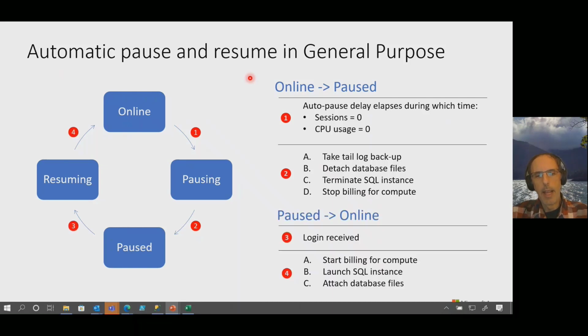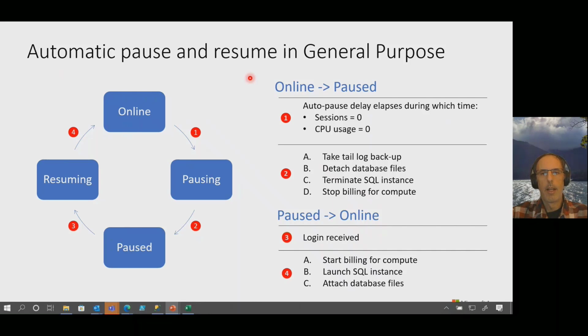Now, at a later point in time, when activity returns, say in the form of a login, the service is listening for that, of course, and when it detects the login has occurred, it starts billing for compute, launches the SQL instance, and as part of that SQL initialization, attaches the database files. At the completion of that workflow, the database is then online and able to process requests.